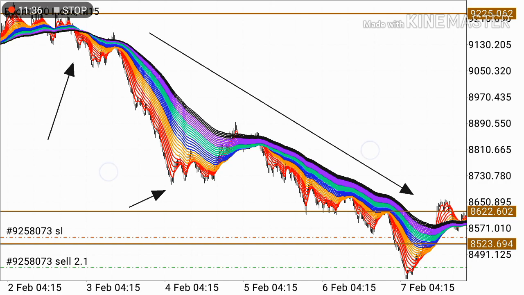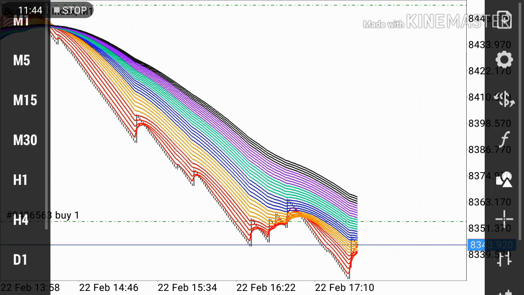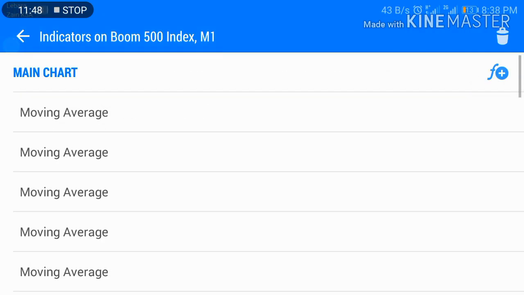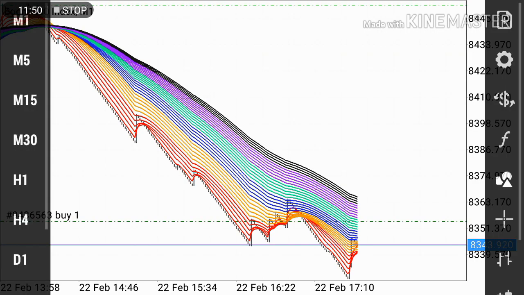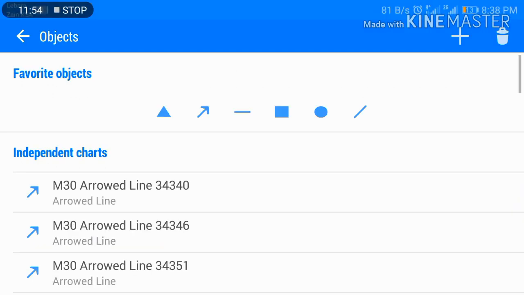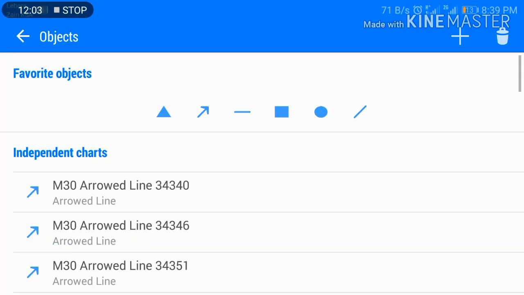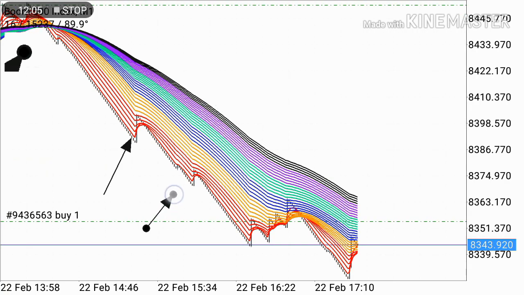Okay, very awesome. If you want to catch the boom and crash spikes, simply once the market touches the last moving average, place a trade for the spike.